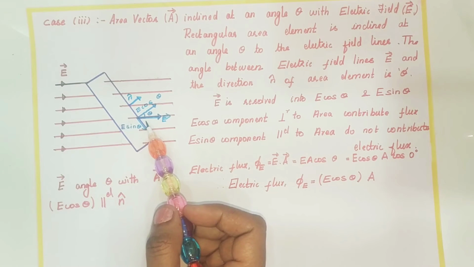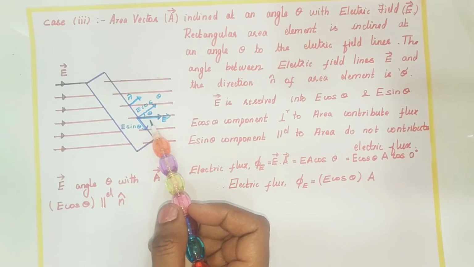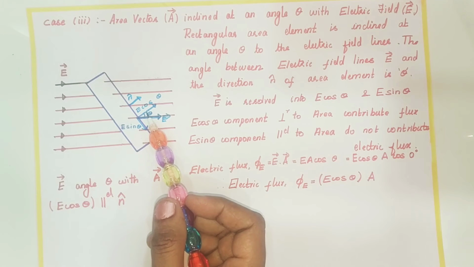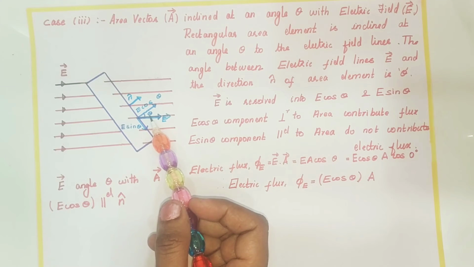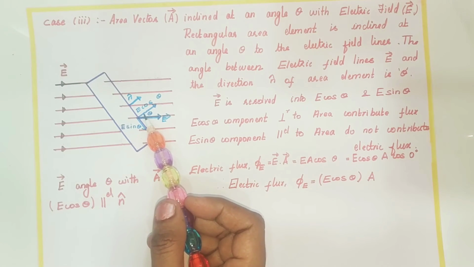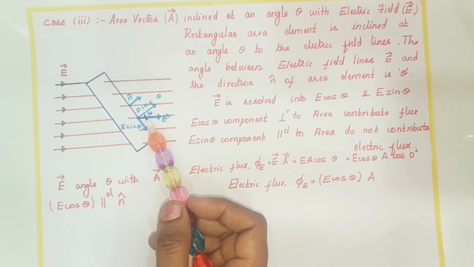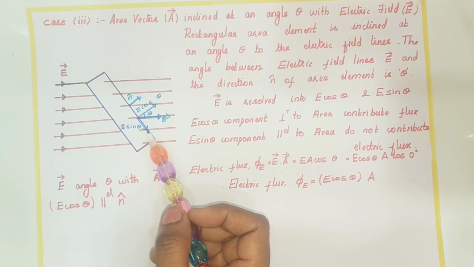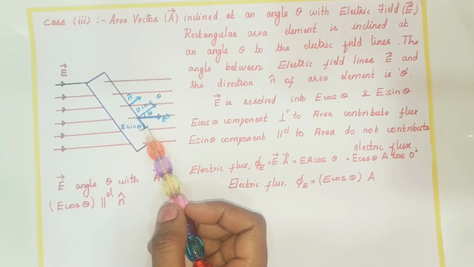Here E vector must be resolved into components because there is an angle theta between E vector and n unit. So we resolve E vector into components, that is E cos theta along the n axis and E sin theta, which is perpendicular to the E cos theta axis.